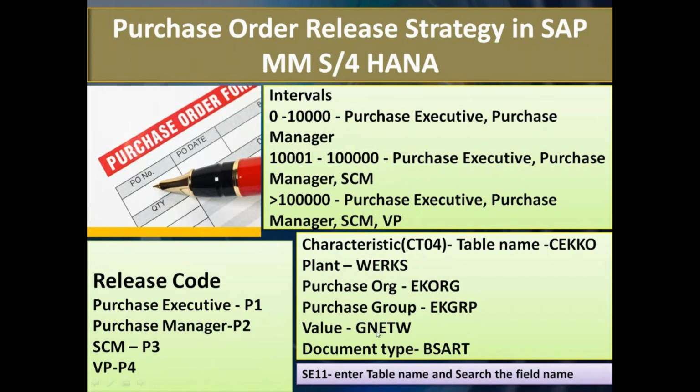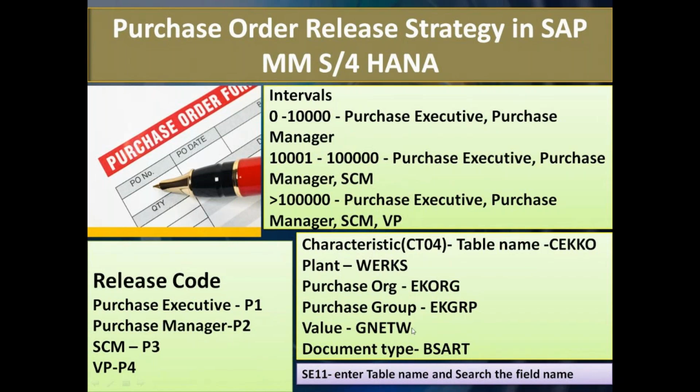Document type is the same. So what is the change from PR to PO? The table name is changed. The table name for PR was CEBAN, for PO it is CEKKO. For value, for purchase requisition it was GSWRT, for purchase order it is GNETW. These two differences we have.